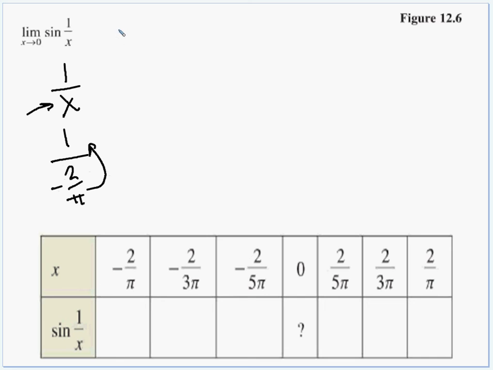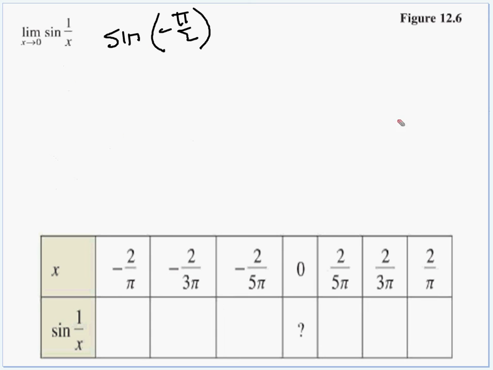So this is now going to look like the sine of negative pi over 2. Aha! That's something we can get from the unit circle. Here's our xy axis. Negative a half pi would be this far. So that would put us here. What is our sine value at this point? Well, our sine value is our y value, so that would be negative 1.